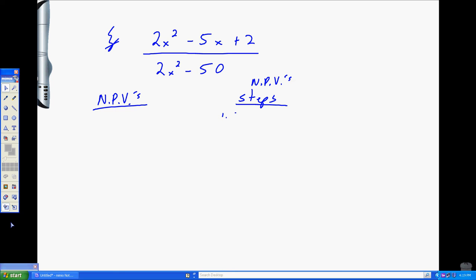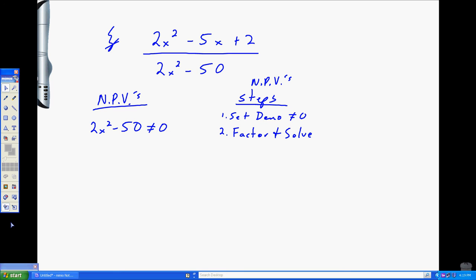Number 1: set the denominator can't equal 0. Number 2: factor and solve. So you're going to factor and solve each of the factors. That's all there is to this stuff. In this case, 2x squared minus 50 cannot equal 0.